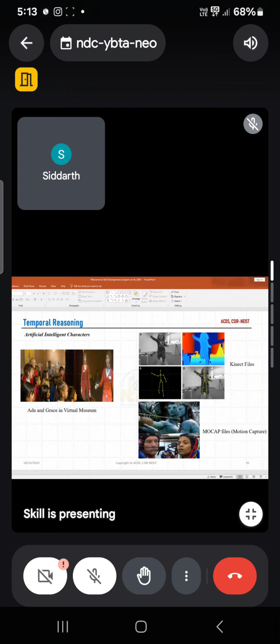Sir, in the last slide, which is being presented now, Kinect files and mocap files, how are these two files different from video files, which we usually play in our computers and laptops? Kinect files and these mocap files.